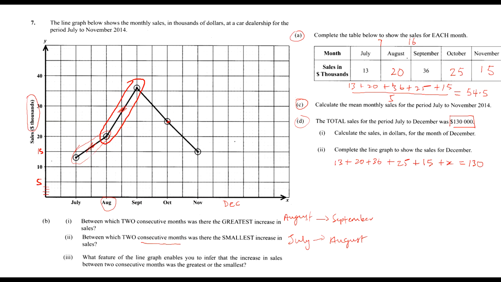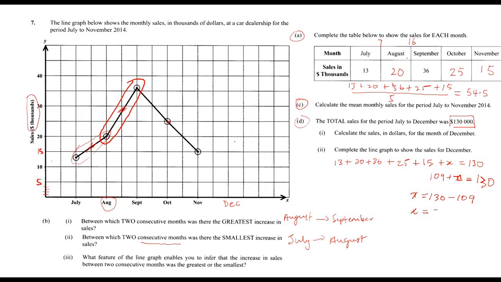So 109 plus X is equal to 130, right? So therefore X is equal to 130 minus 109, and that gives me 21, right?